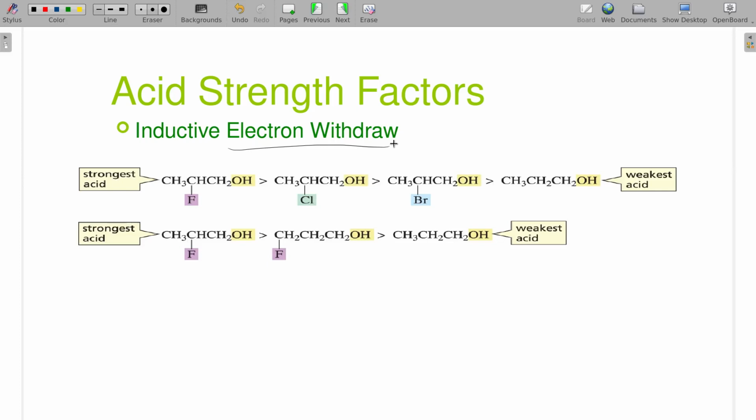And if you think about electronegativity and covalent bonds, almost every nonmetal has an electronegativity more than a carbon. So almost anything attached, like an oxygen or a nitrogen or a sulfur, is going to withdraw those electrons more and actually does make the acidity go up. So anything that's withdrawing will actually increase the acidity.